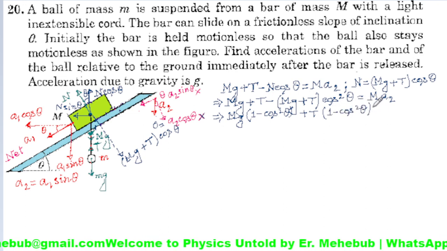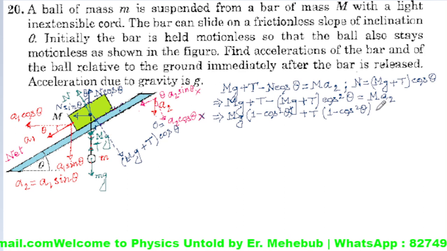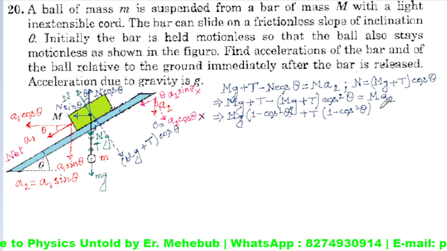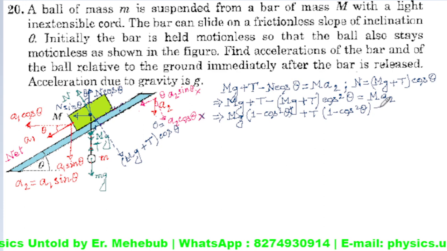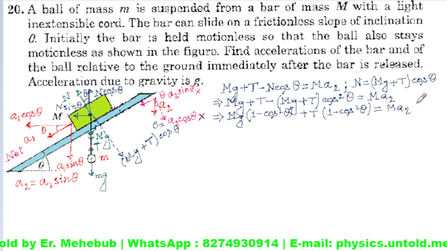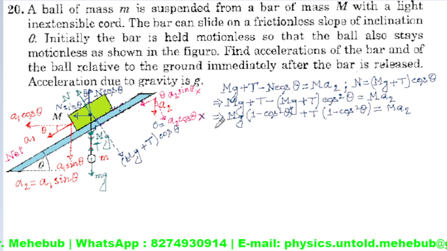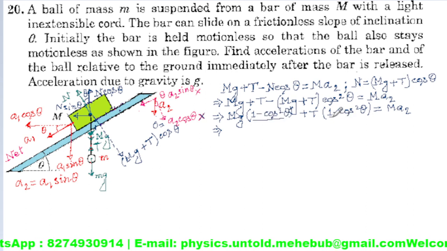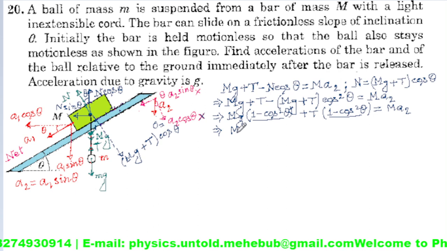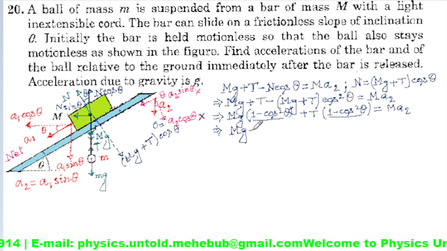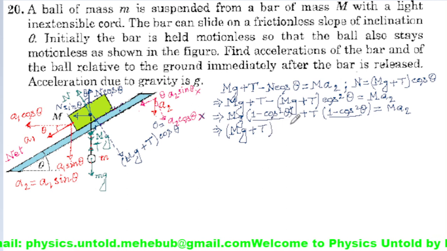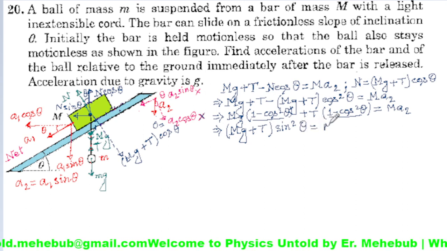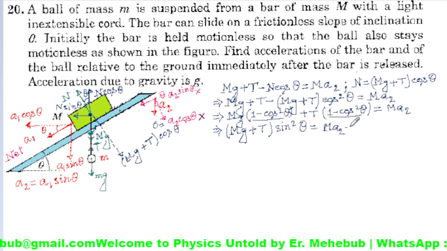Now 1 minus cos square theta becomes sin square theta, so we can write this equation as mg plus T into sin square theta equal to ma2. Let this be our equation number 1.